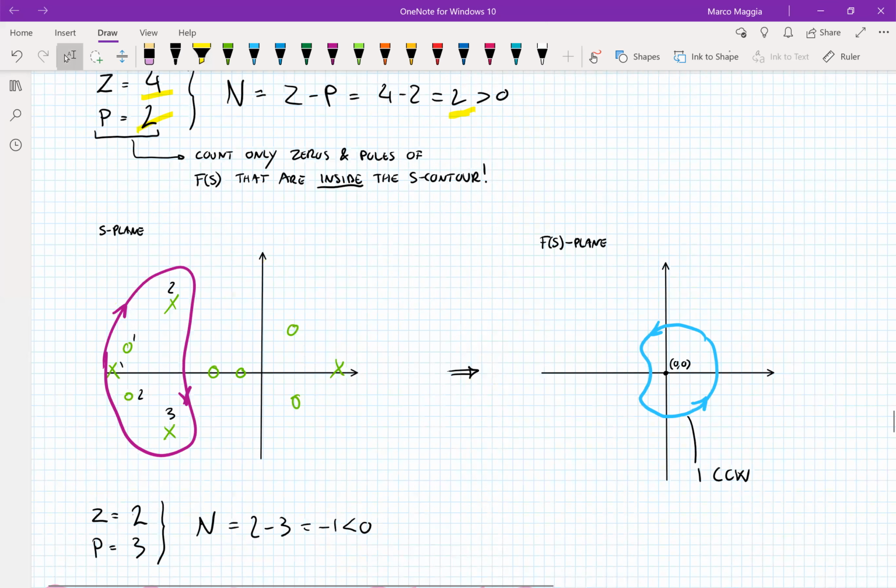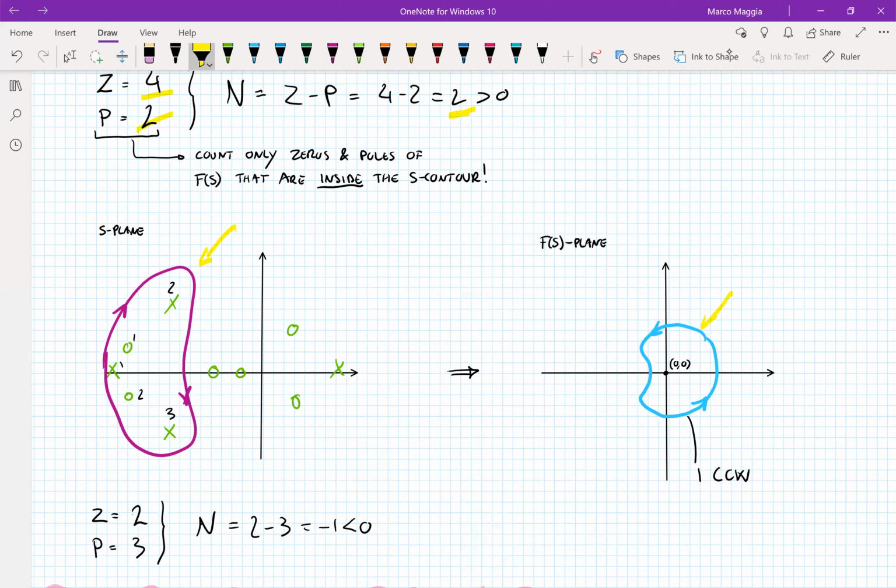Same thing with the second example. We have one counterclockwise encirclement of the origin. It means that whatever we chose as our S contour contains one more pole than zeros. But there might not have been zeros at all. It could have been just one pole and 0 zeros.